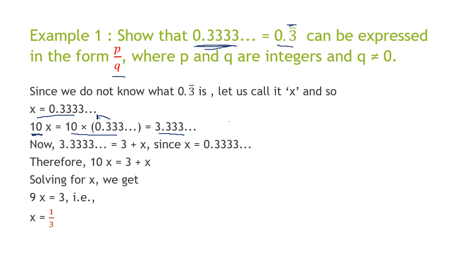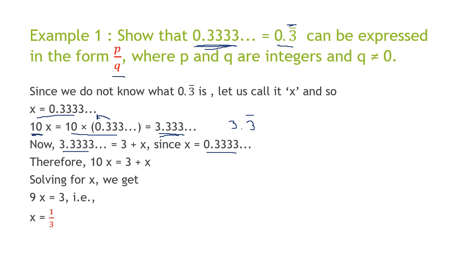I can also write it as 3.3 bar. What does this mean? That after the decimal point the 3 keeps on repeating. Now this number 10x, that is 3.333, I can separate and write 3 before the decimal plus 0.3333.